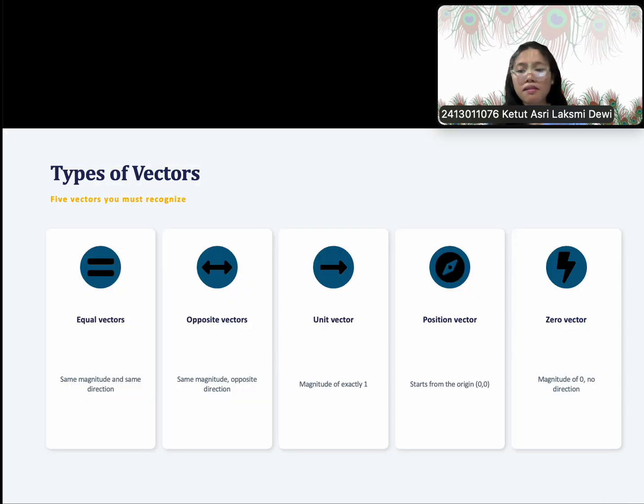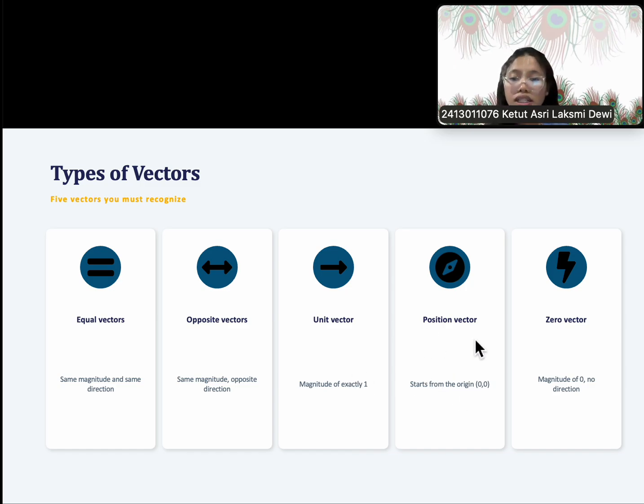And next, let's move to the different types of vector. There are 5 types that you must know. The first is the equal vector, which has the same magnitude and the same direction as another vector. The second is the opposite vector, which has the same magnitude but points in the opposite direction. The third is the unit vector, which is a vector with a magnitude of exactly 1.